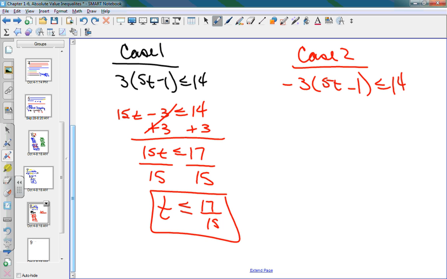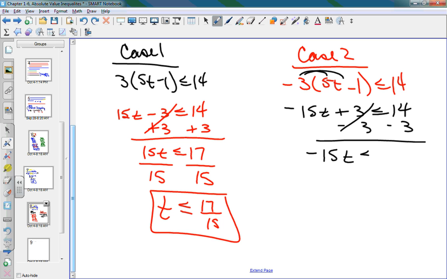Now what do I do? Distribute. Negative 15t plus 3 is less than or equal to 14. Subtract 3.